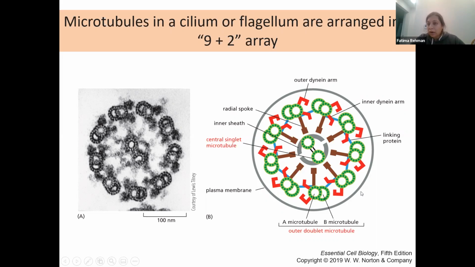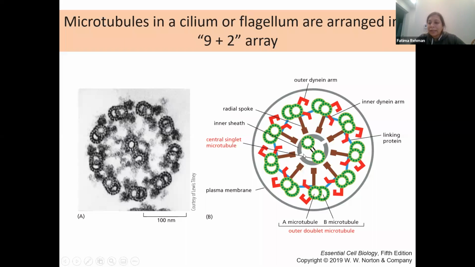So if we were to take a cross section of a cilia or a flagella, we will see what we call a 9+2 array, where you have these microtubule doublets arranged in a ring structure. And these are kept in place by linking proteins, proteins that are linking those together to keep them in that structure, and by additional proteins that connect them to the central core, where, in that inner sheath, there are another two single microtubules attached to each other.